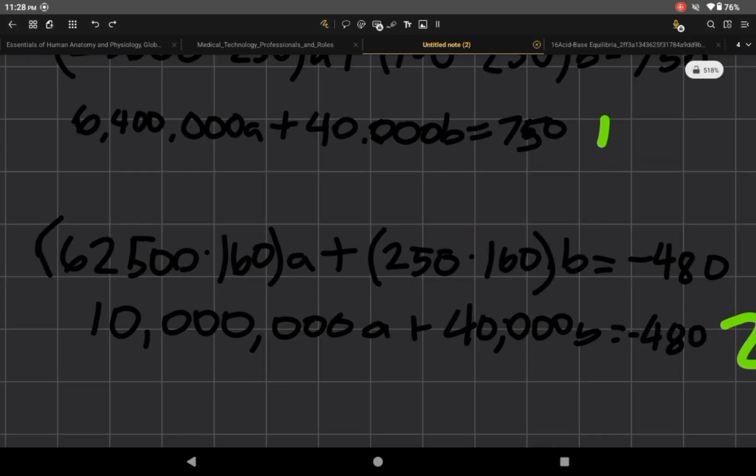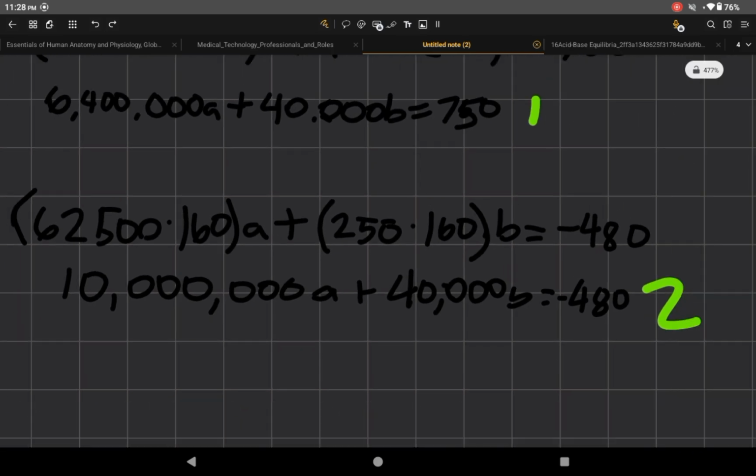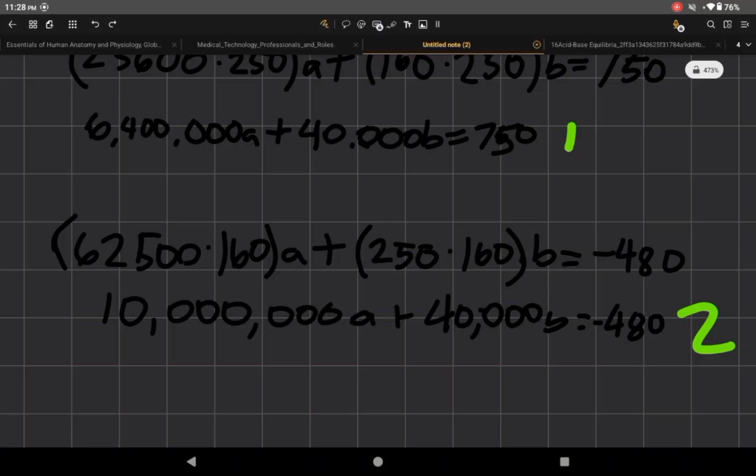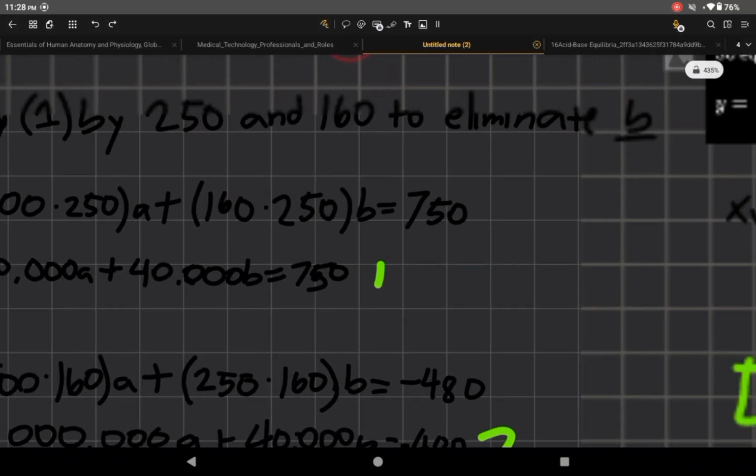So 62,500 times 160A plus 250 times 160B is equals to negative 480. Then you multiply 62,500 by 160, you get 10,000,000A plus 40,000B is equals to negative 480. That's our second equation. So nganong duha atong equation? In order to eliminate B.